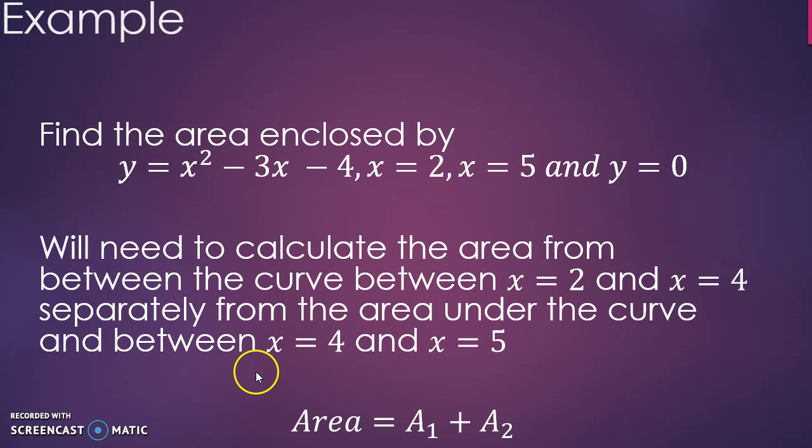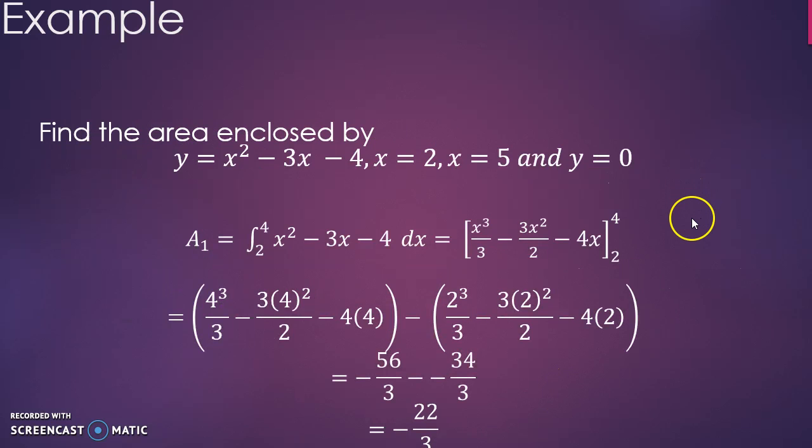So it's just basically what we said. We're going to work out those two areas, and then our total area between the curve and the x-axis is going to be those two areas added together. Once we've determined where our integrals lie, this should be fairly familiar to us all by now. Area 1 is the integral from 2 to 4 of x squared minus 3x minus 4.